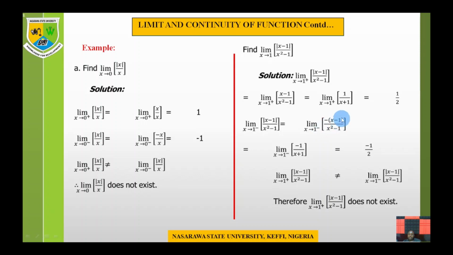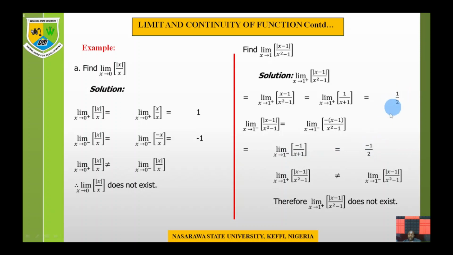The same thing here, you factorize the denominator and one of the brackets will cancel with this to leave you with minus 1 all over x plus 1. And after the substitution of x as 1, you are going to have minus 1 all over 2. Therefore, the limit of the function as x approaches 1 from the left is minus 1 all over 2.